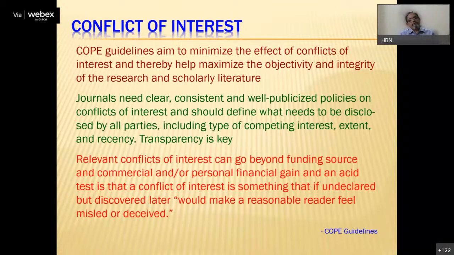The relevant conflicts of interest can go beyond the funding source and commercial or personal financial gain. An acid test is that the conflict of interest is something that, if undeclared but discovered later, would make a reasonable reader feel cheated. Okay? It will make a reasonable reader feel misled or deceived. So you read a particular article, for example, on this particular drug which I was talking about.